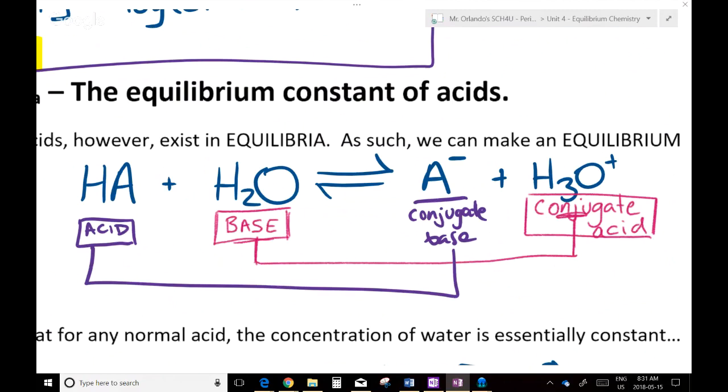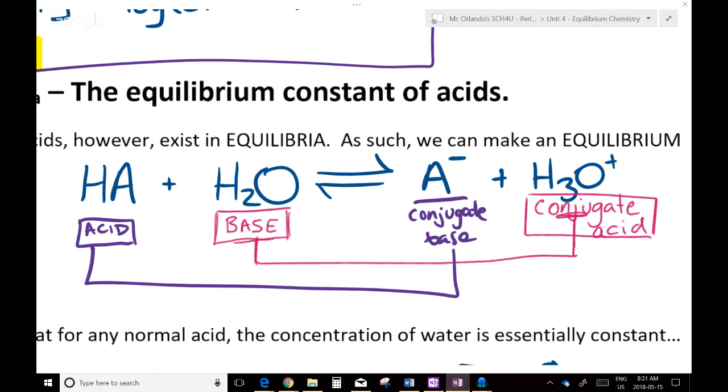But because it's in equilibrium, this reaction can also go the other way. Well, if H3O+ gives up an H+ to become water, that makes H3O+ an acid, because anything that can give up an H+ ion is an acid.